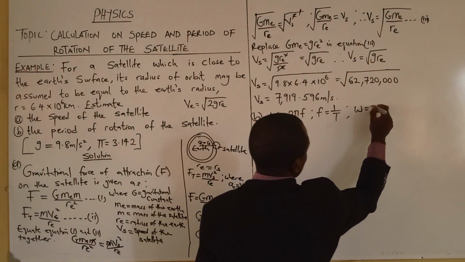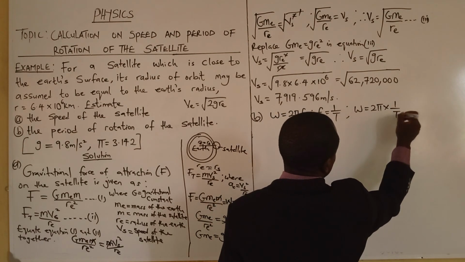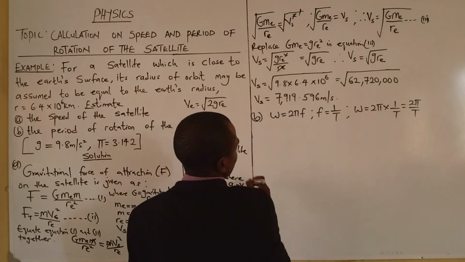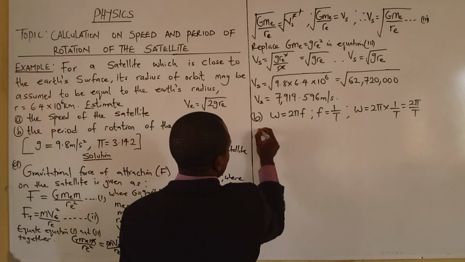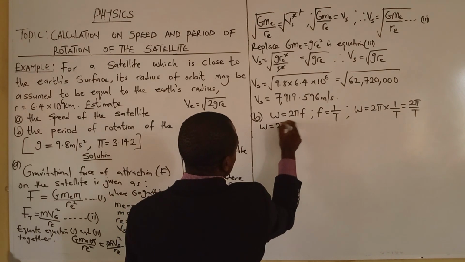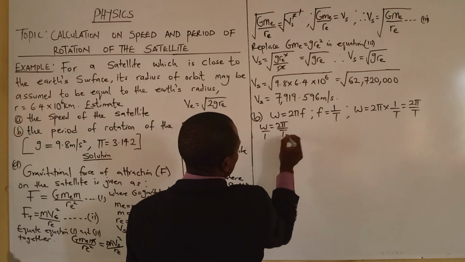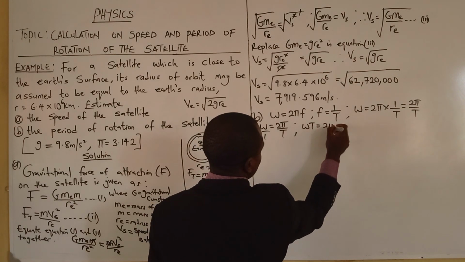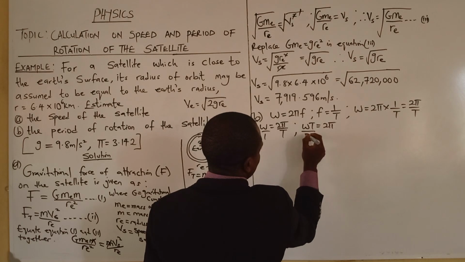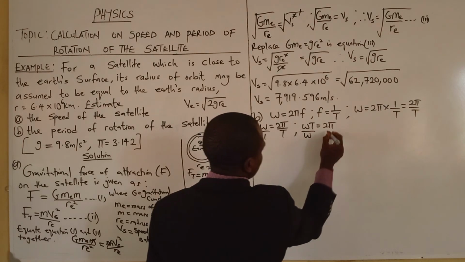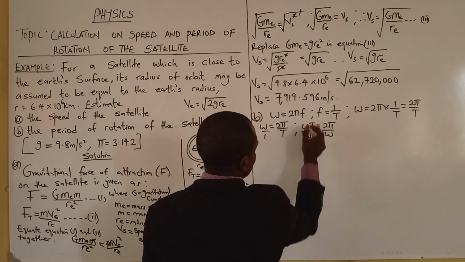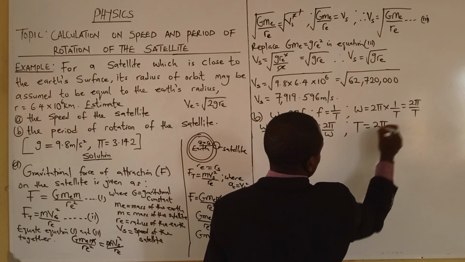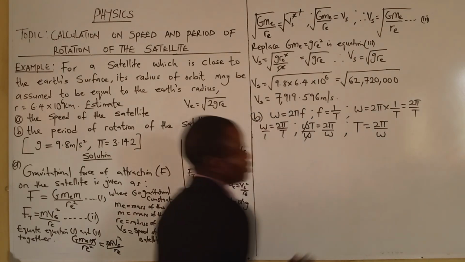We have angular speed W equals 2 pi times 1 over T, which is 2 pi over T. You have W equals 2 pi over T over 1. We need the period, so cross multiply. WT equals 2 pi. Divide both sides by W, which is the angular speed. W cancels out, and we have the period to be 2 pi over angular speed.